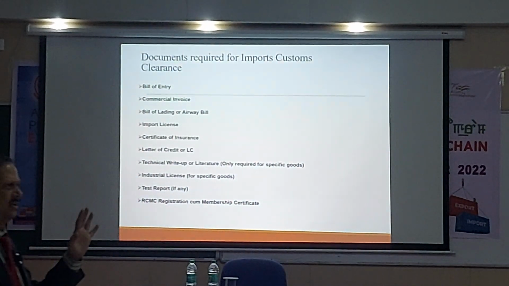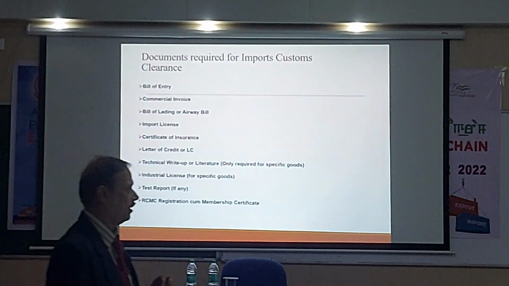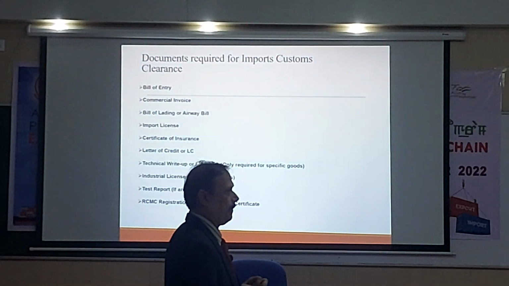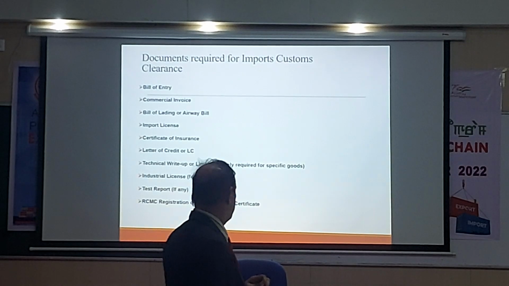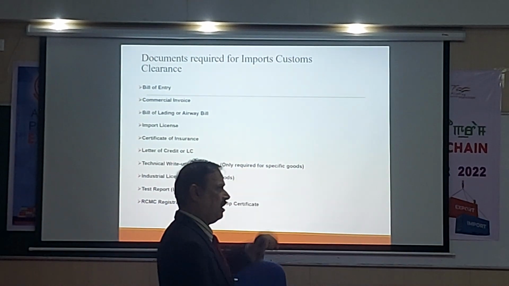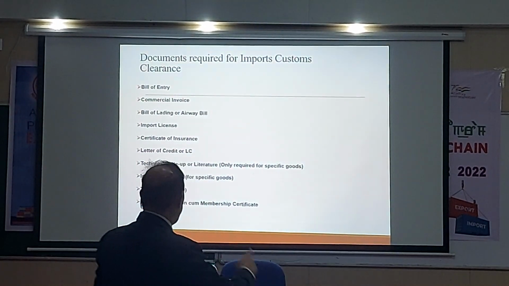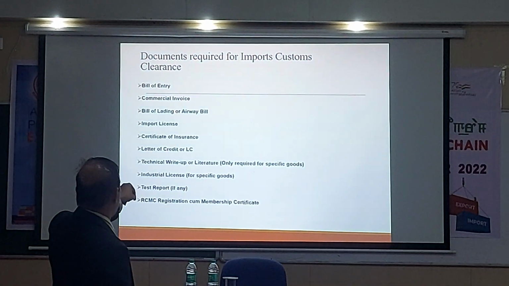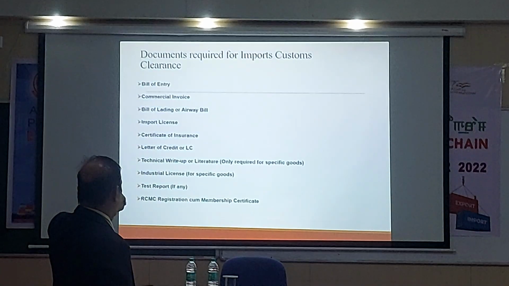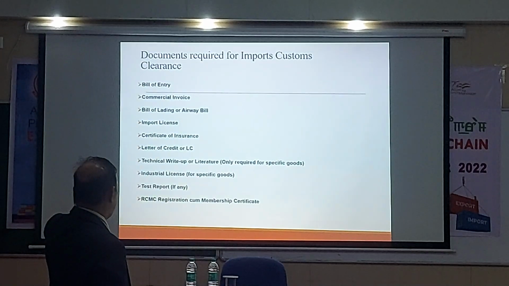Any questions so far? This has to be provided by the exporter. Which one? This is for imports. No, see, only the exporter will provide you the commercial invoice, bill of lading, maybe an insurance certificate.